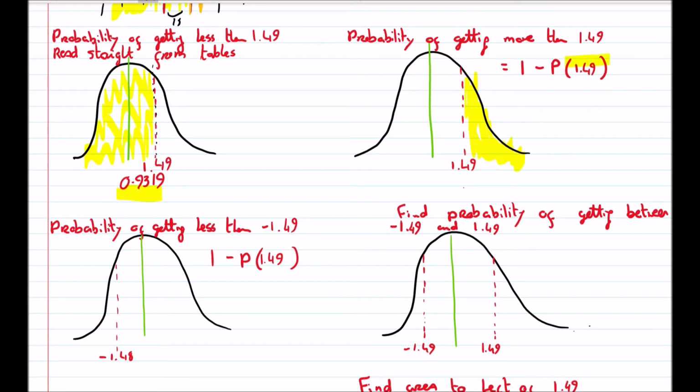Look what our formula says: it's 1 minus the probability of the z-score of 1.49. So 1 minus 0.9319, which we're going to do in the calculator, is 0.0681. So that's the probability of getting more than 1.49 on my z-score.